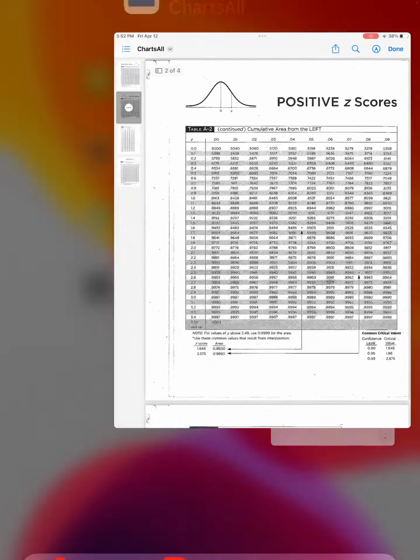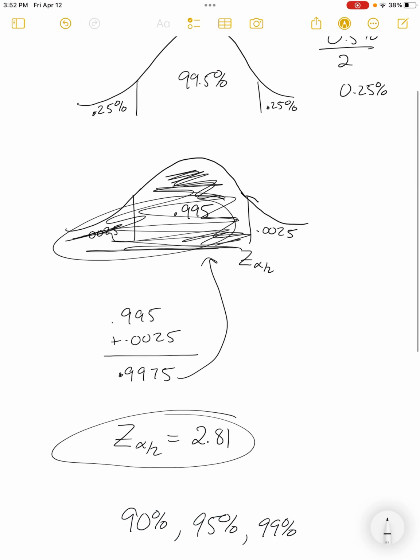And so as we go back, maybe we just make up something that's different. So if I gave you a 96% confidence interval and you needed to get a z alpha over 2.